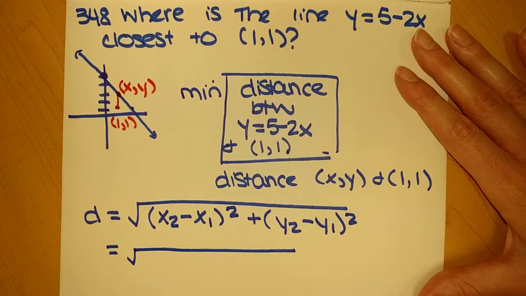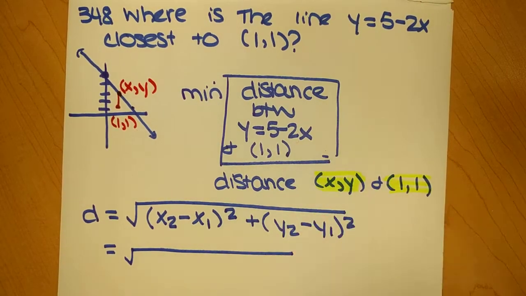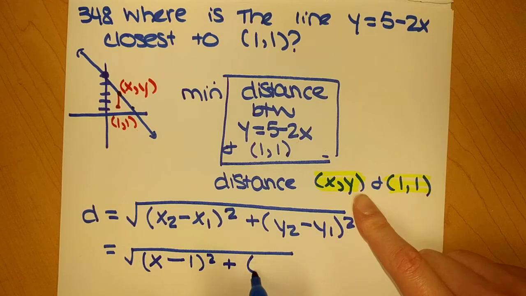Here our 2 points of interest are (x, y) and (1, 1). I always just put the variable one first, so x minus 1 quantity squared plus y minus 1 quantity squared.